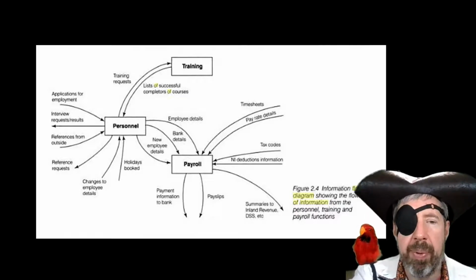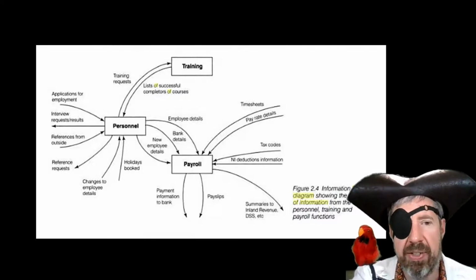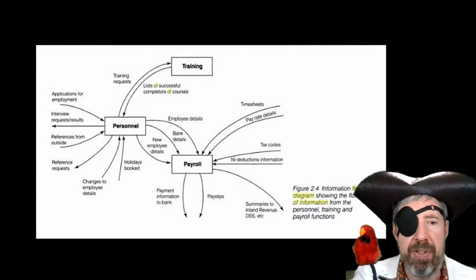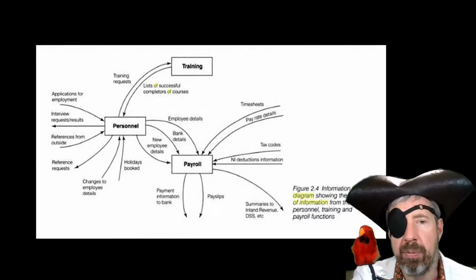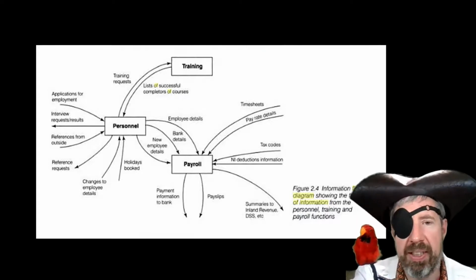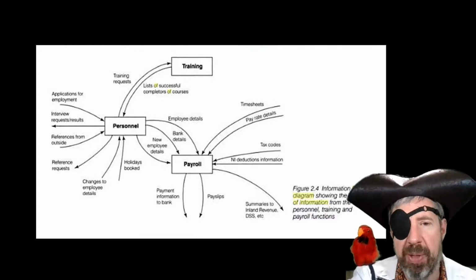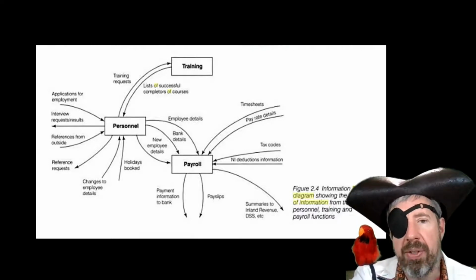And the personnel are getting things coming in, such as people booking holidays and so on. References might be going out and requests might be coming in. And they might be highlighting training, which goes to the training team, and then the training team might send reports to managers about who's done what, and so on.